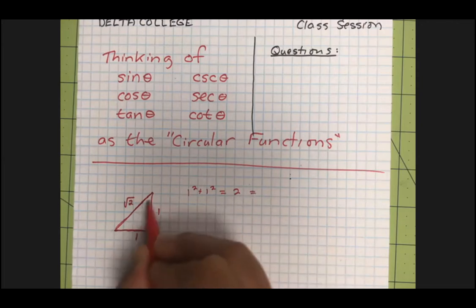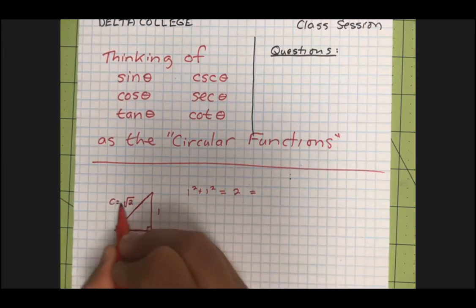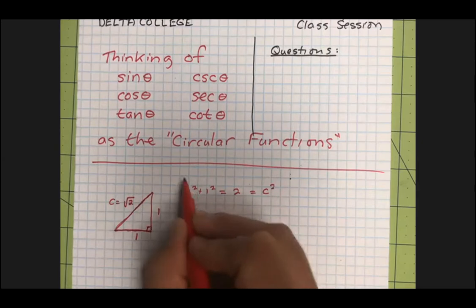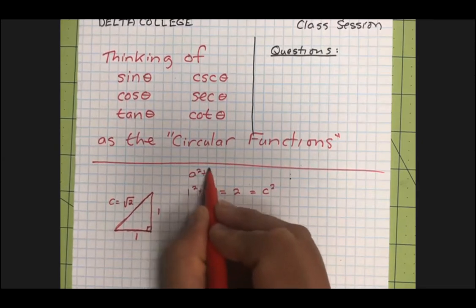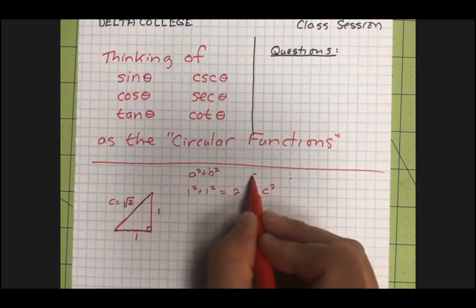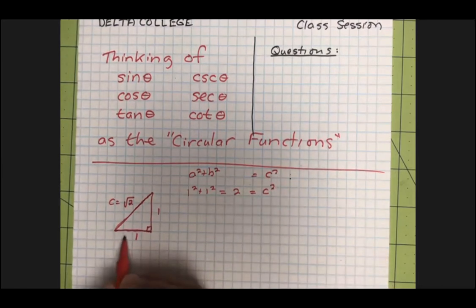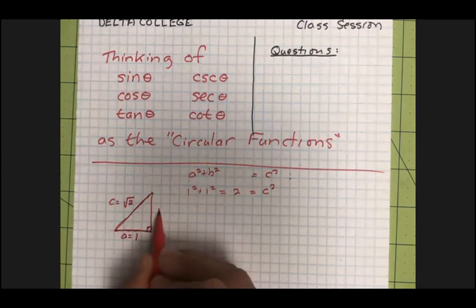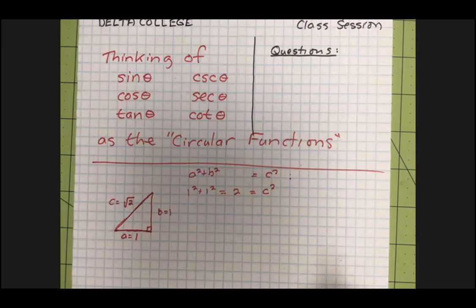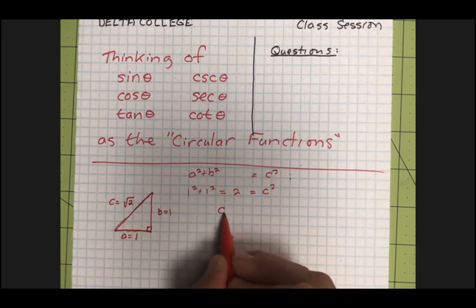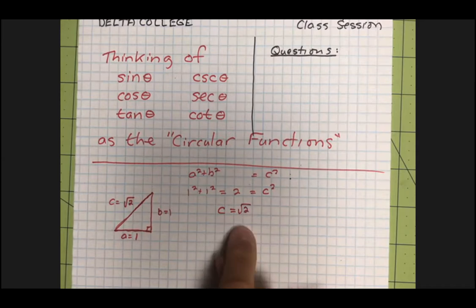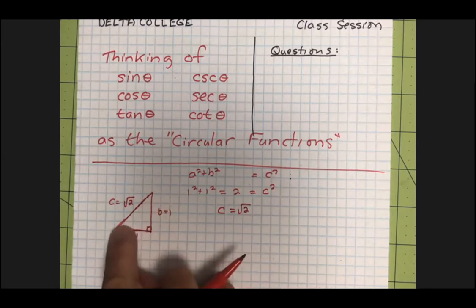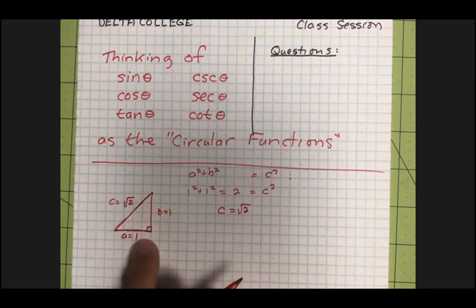That's equal to the hypotenuse, or c squared. A squared plus b squared equals c squared, the Pythagorean theorem. And so that's how you decided that in a 45, 45, 90 triangle, the hypotenuse can be represented by root 2 if the legs are 1 and 1.